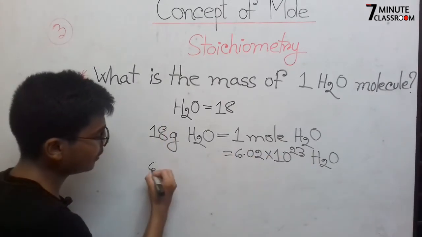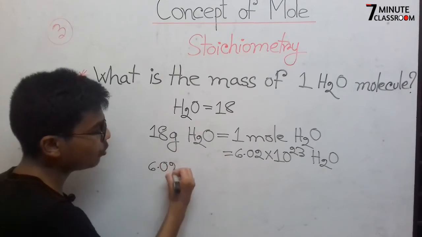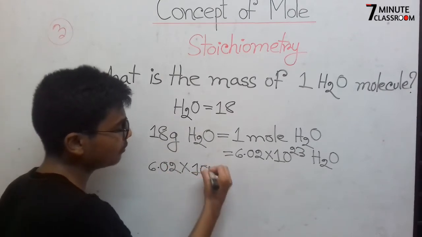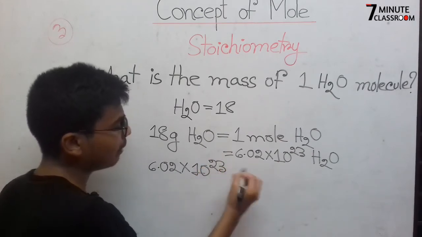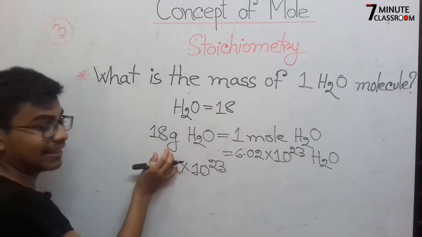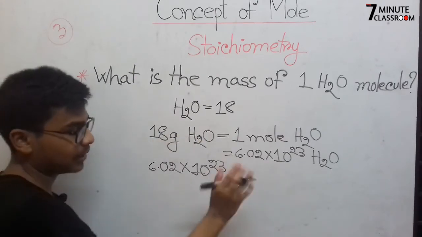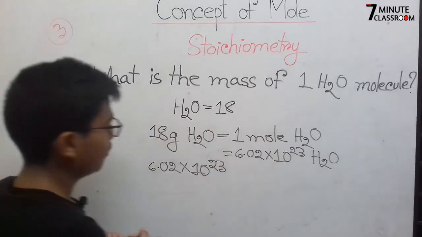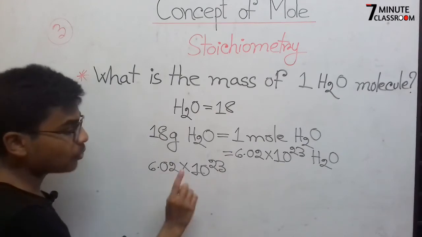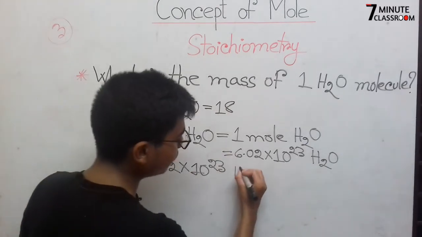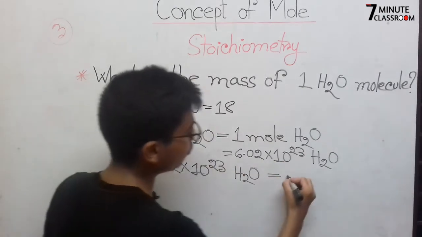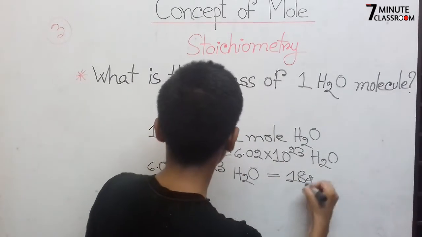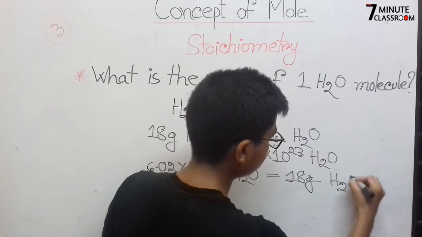So I am writing by exchanging this in that place and this in that place: 6.02 into 10 to the power 23 H2O molecules equals 18 gram H2O.